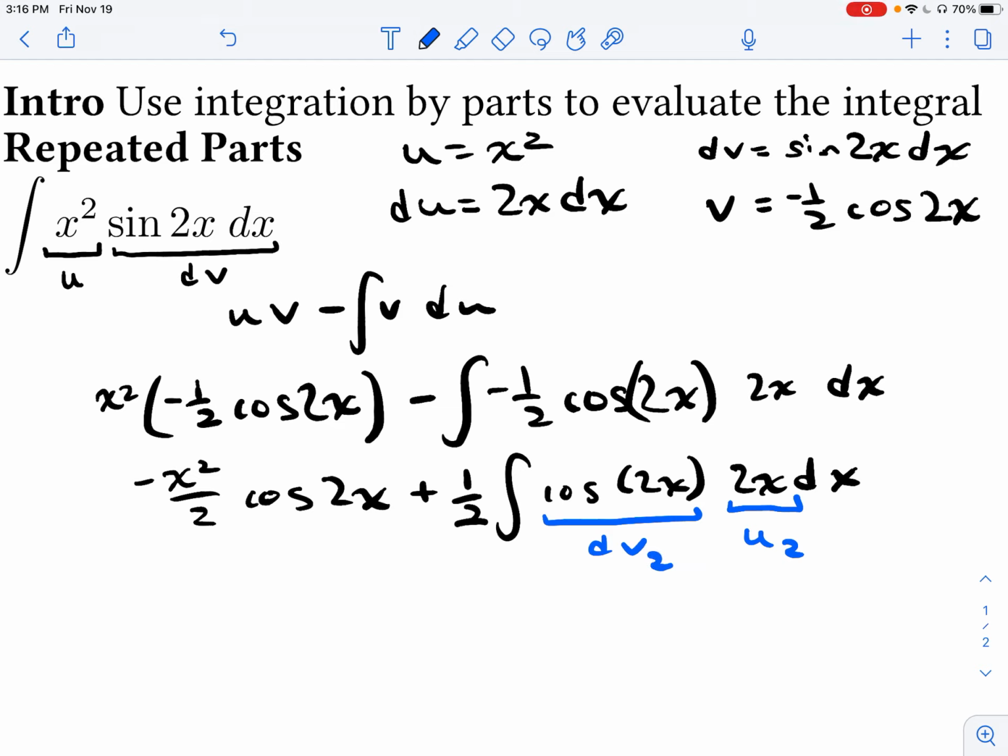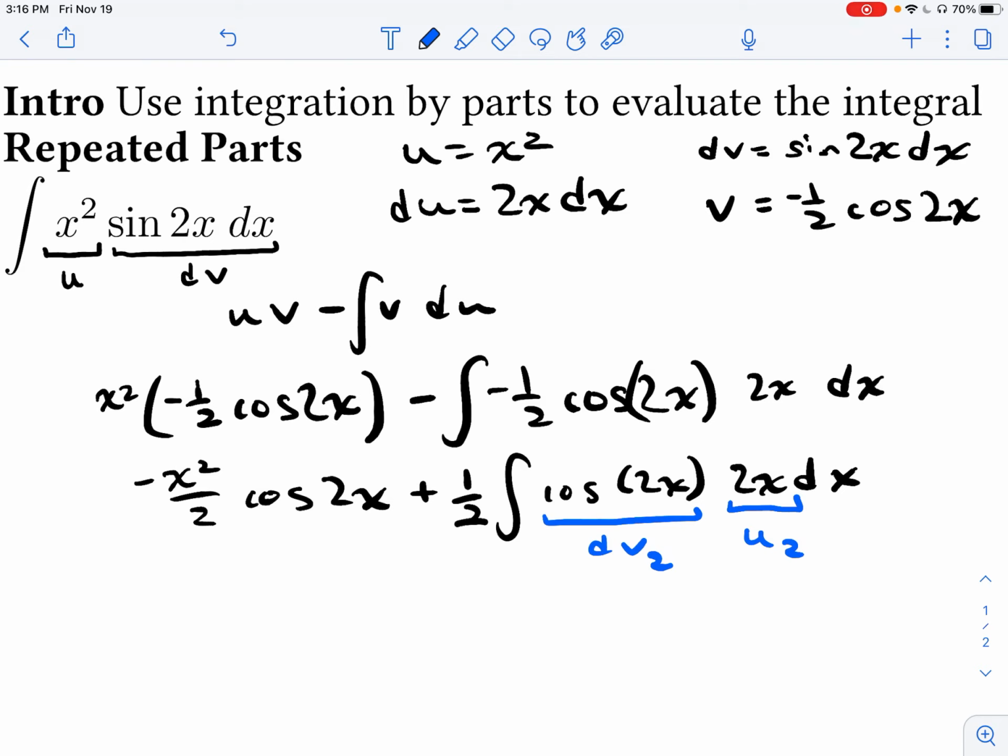That can get a little unwieldy and trickier to keep track of. On top of that, we may get another integral where we have to do integration by parts again, because we know that the integral of cosine is going to result in sine, with the negative sign. So there's a very good chance we may have to continue to use integration by parts as a technique.